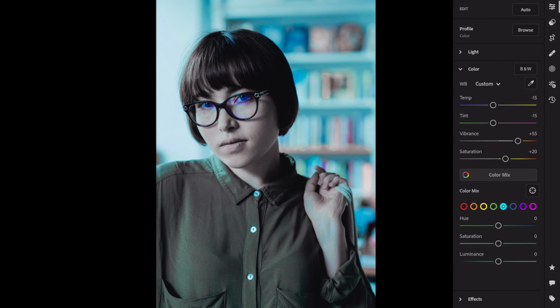Aqua. Saturation, minus 90. Luminance, plus 40. Blue. Saturation, minus 90. Luminance, plus 47.